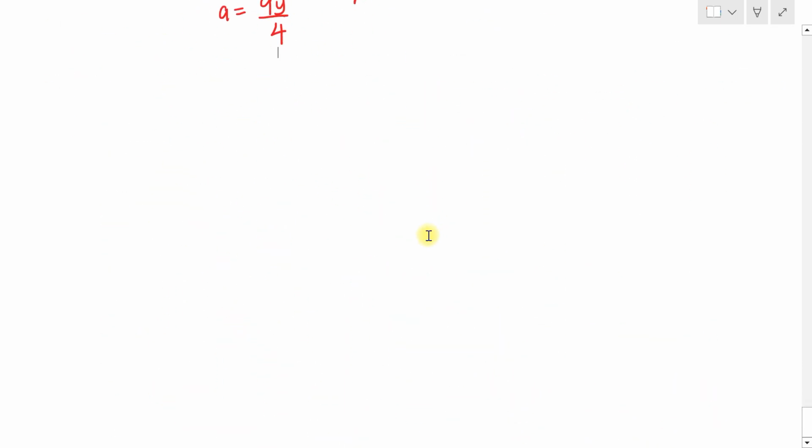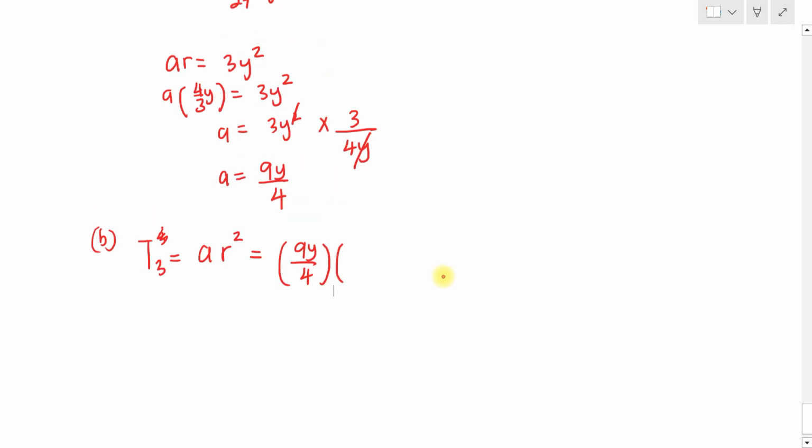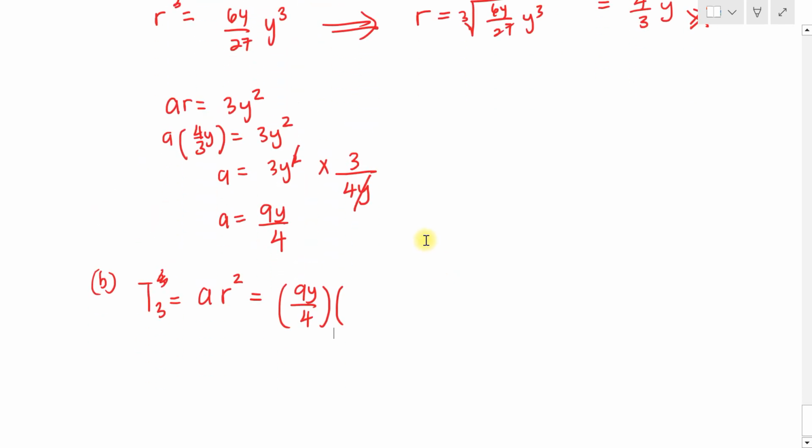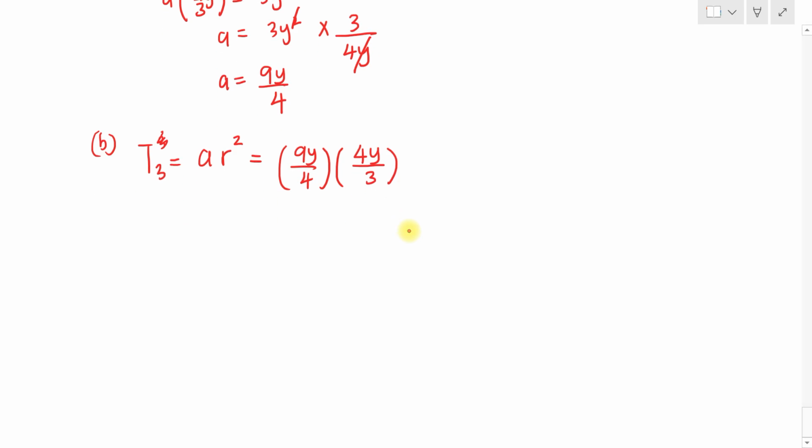Find the third term. Question B. The third term is AR squared. Your A is 9y over 4, and your R is 4y over 3. Don't forget to square it.